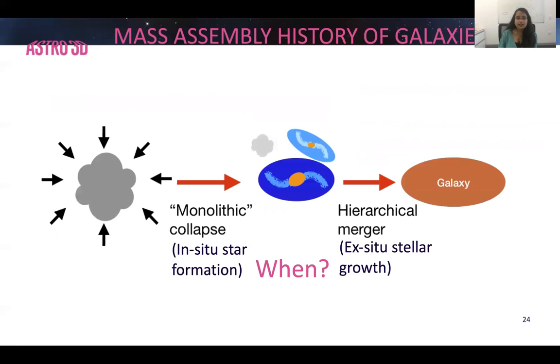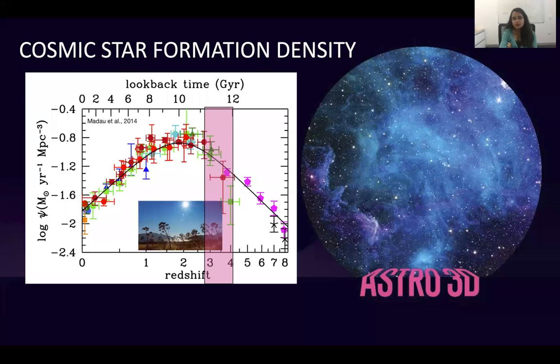And we can use this kinematics to get a handle on when the galaxies transition from the monolithic collapse to the hierarchical merger. So to understand this, what we are doing is we are targeting galaxies which are between redshift of 3 to 4.